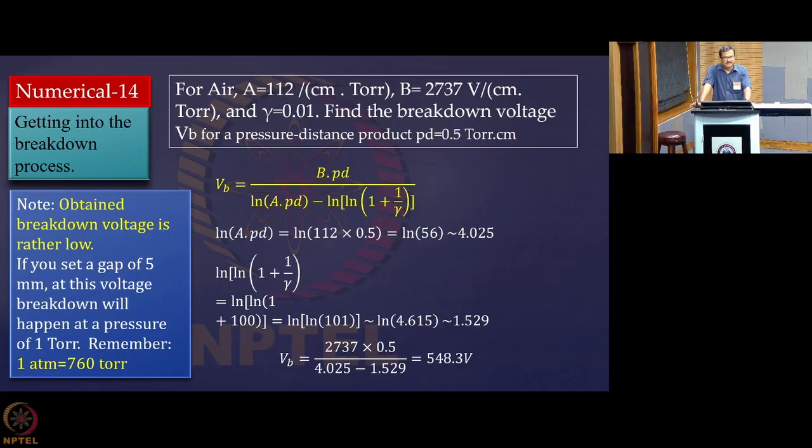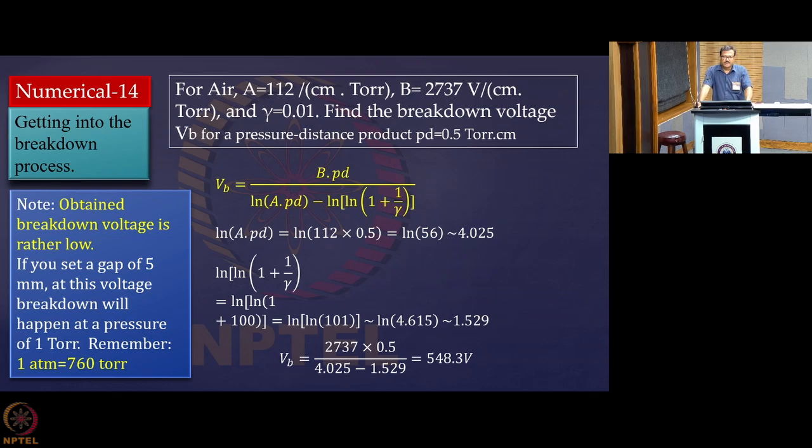So the problem is clearly defined. We have been given the constants A, B and gamma for air, and we have created a discharge setup where the PD is just 0.5 torr centimeter. We want to know the breakdown voltage.